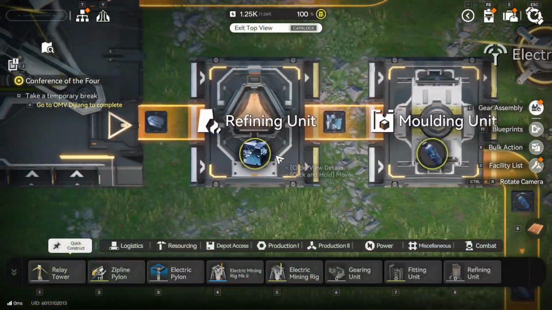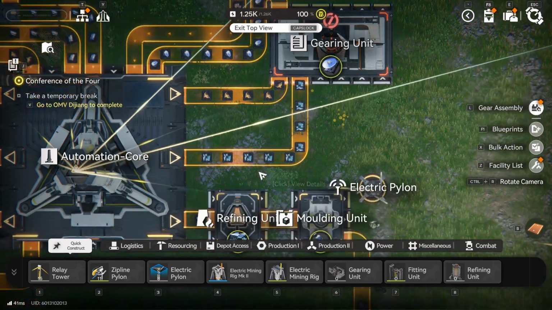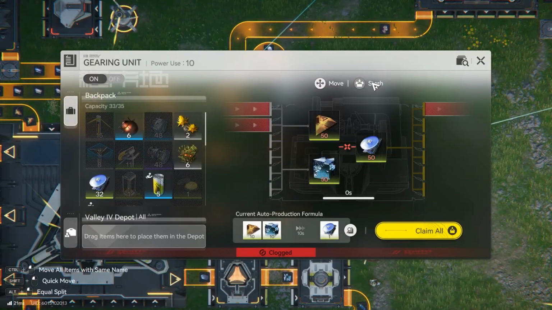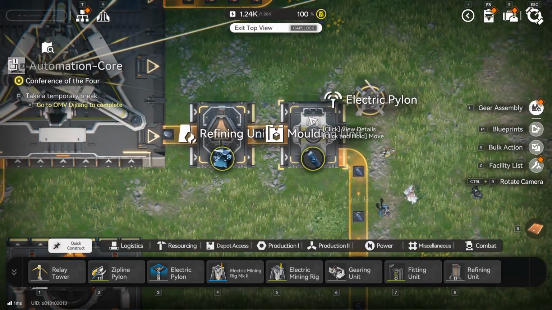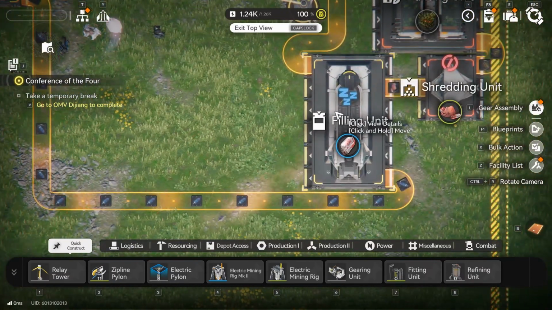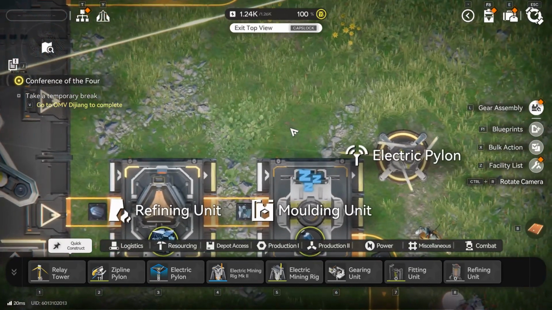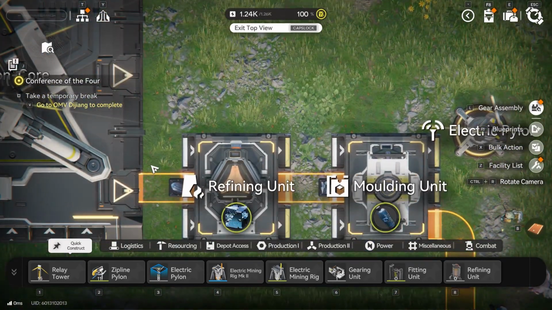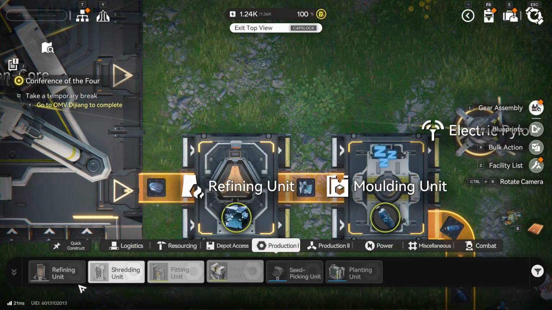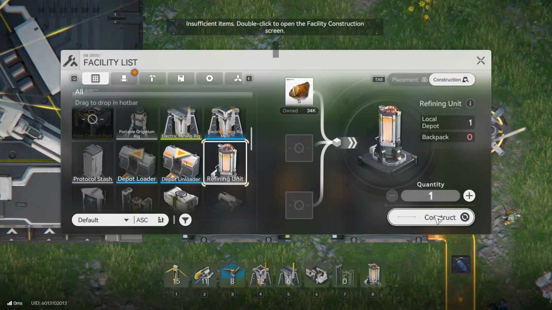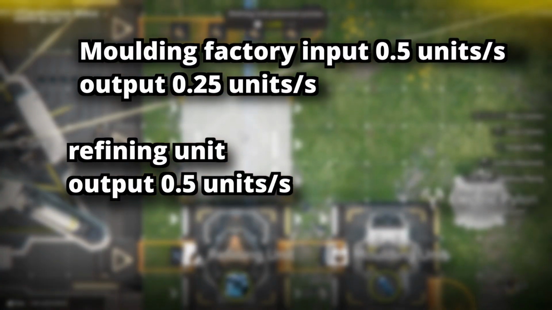Let's head up to top view, and as you can see right here, currently our filling unit is full. Let's take that out. And now what I'm going to do is buff the molding unit. Currently, again, our filling unit is at 25% efficiency. We can buff our molding unit to have more efficiency by adding a refining unit. The same concept as what I just mentioned.